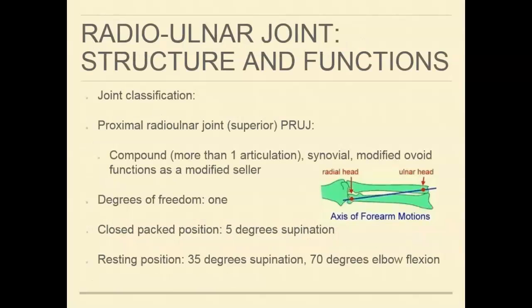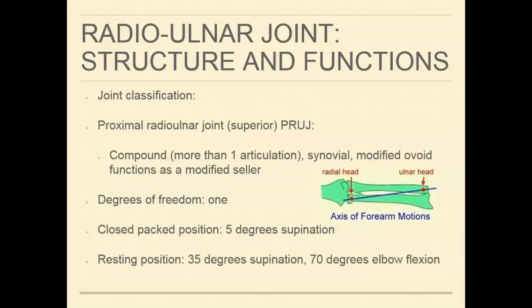The radioulnar joint has 2 components, the proximal or superior radioulnar joint, abbreviated as PRUJ, and the distal or inferior radioulnar joint, DRUJ. The proximal radioulnar joint is a compound joint as it is still in the same capsule as the rest of the elbow complex.